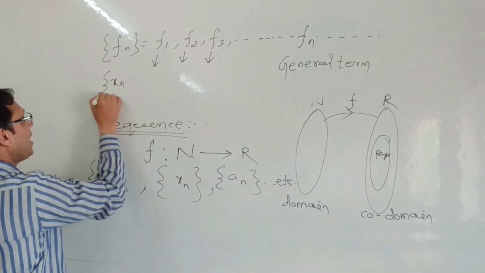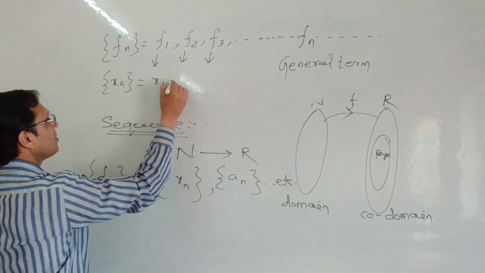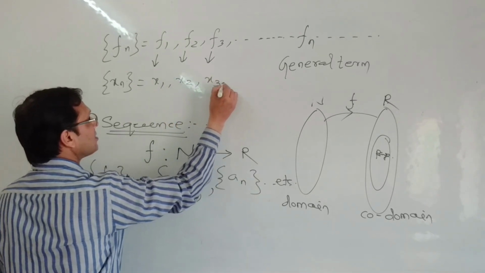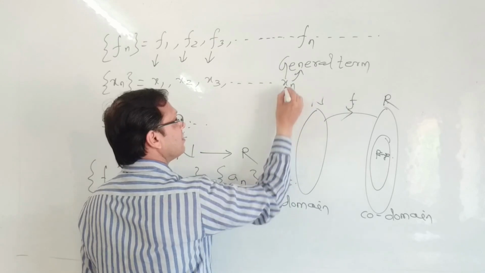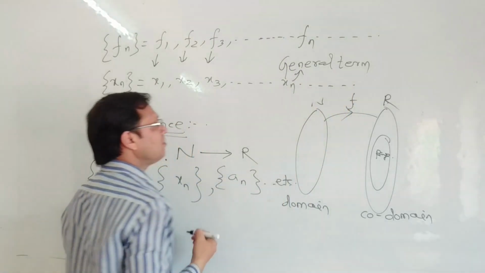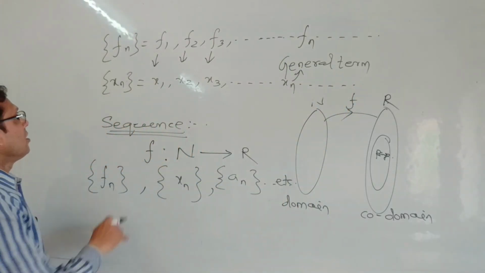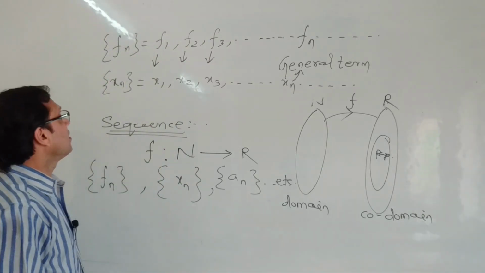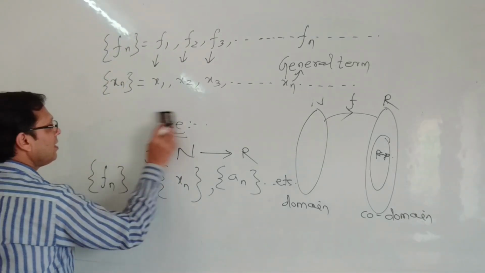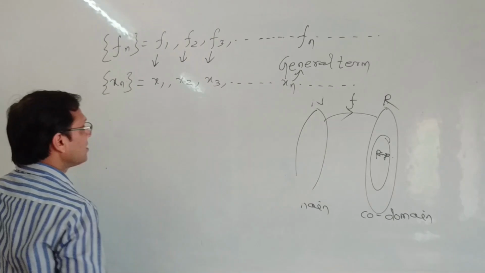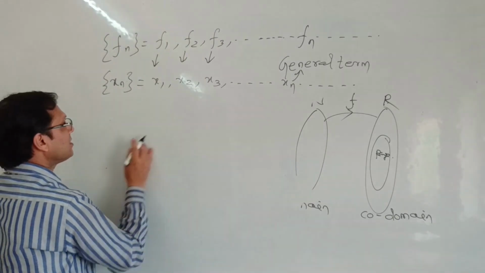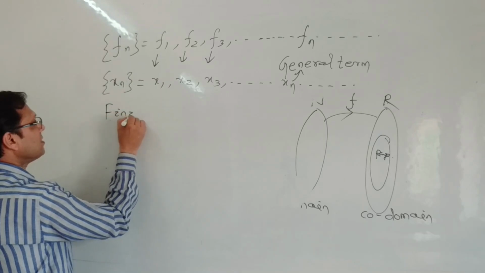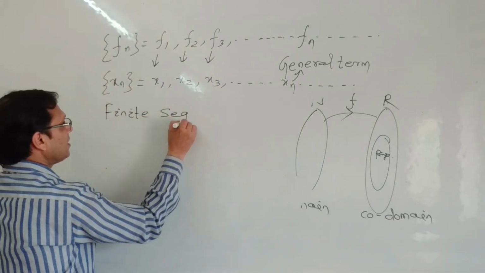The sequence xn can be written as x1, x2, x3, and so on, and the general term is xn. This is the nth term up to infinity. So likewise a sequence can be written. Now in the sequence, if the number of terms is finite, then you can say this is a finite sequence.